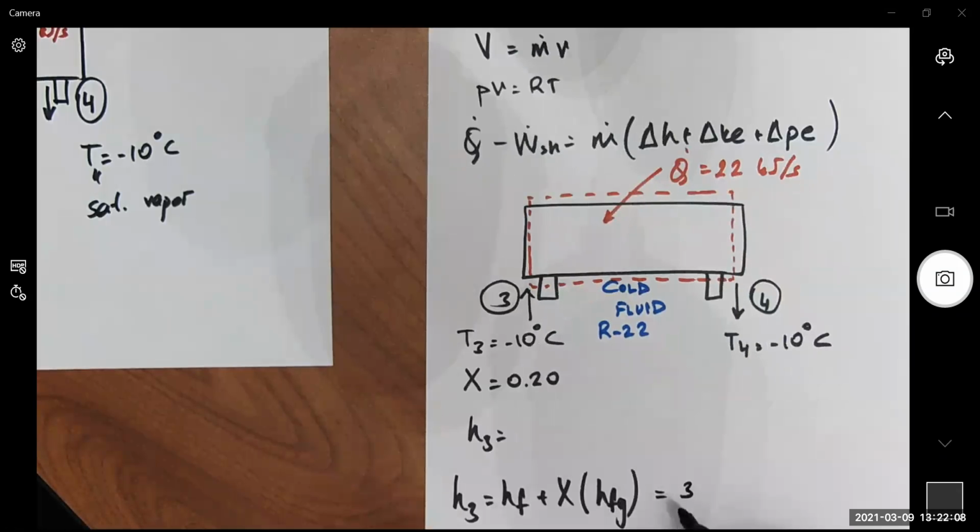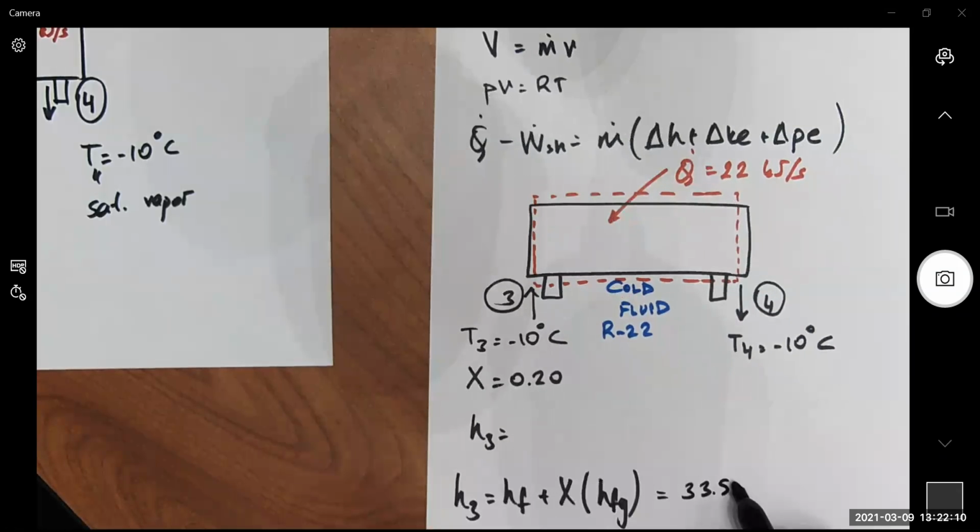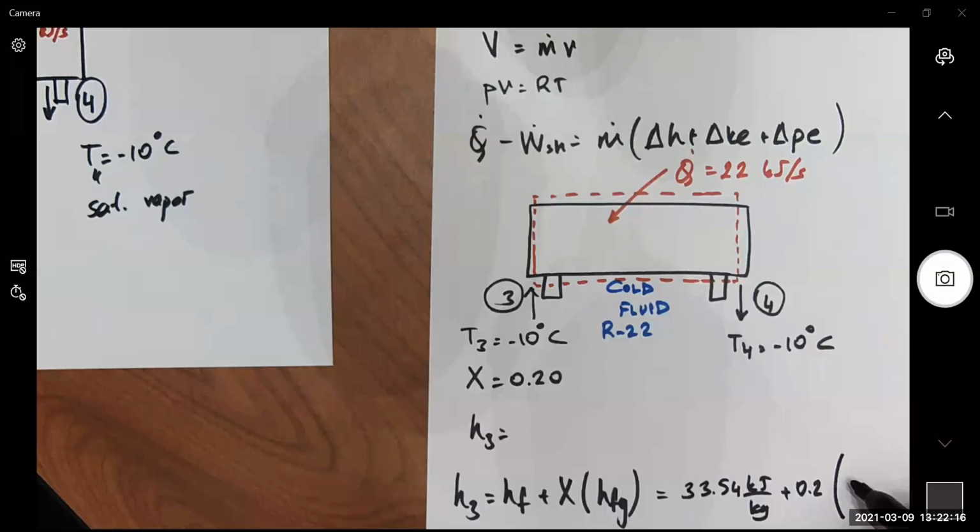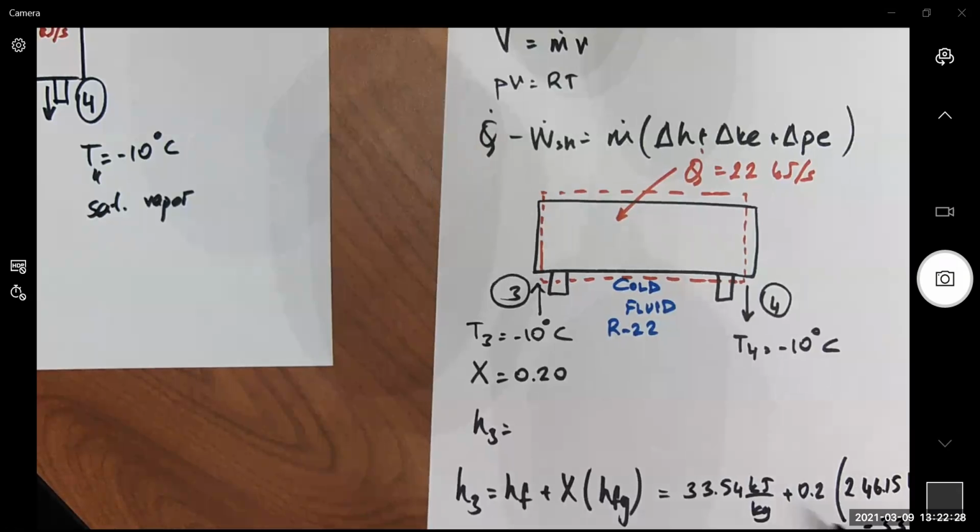H3 is HF, 33.54 kilojoules per kilogram, plus 0.2 times HG, 246.15 kilojoules per kilogram, minus HF, 33.54 kilojoules per kilogram.